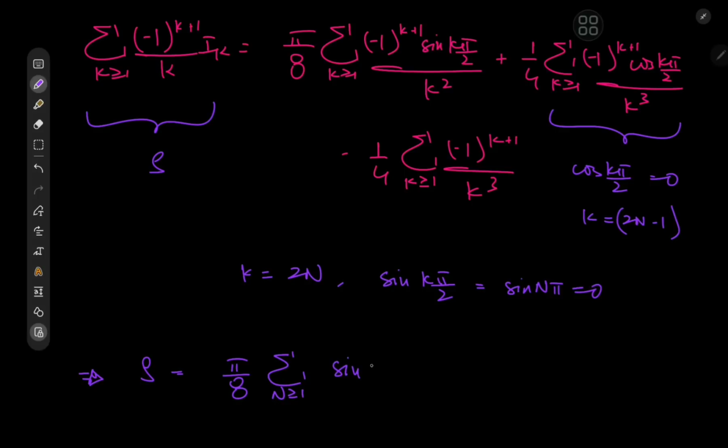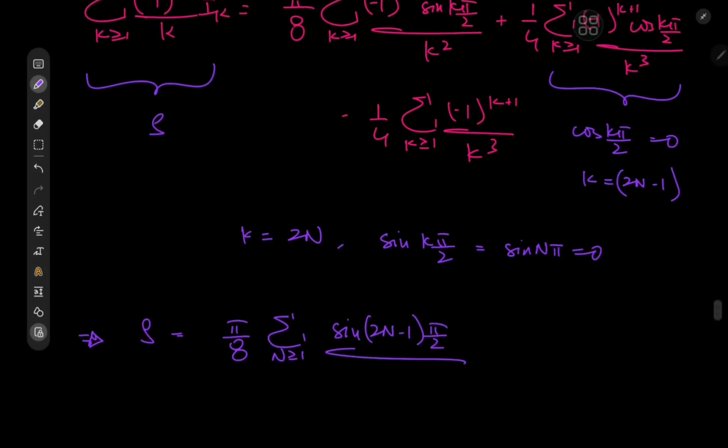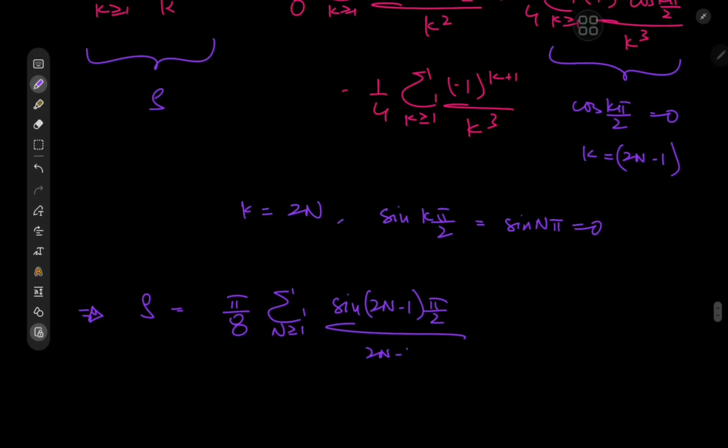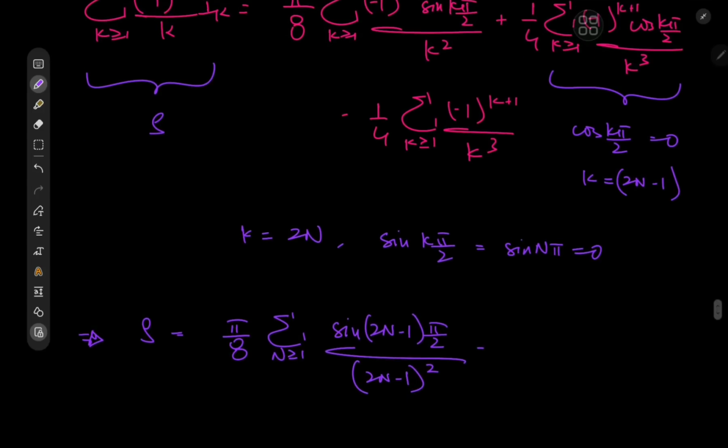Then we have sine of 2n minus 1 times pi by 2 divided by 2n minus 1 squared, plus a quarter of the sum over the positive integers n of negative 1 to the k plus 1, which will turn into 2n, and negative 1 to the 2n is 1. Terribly sorry about that.